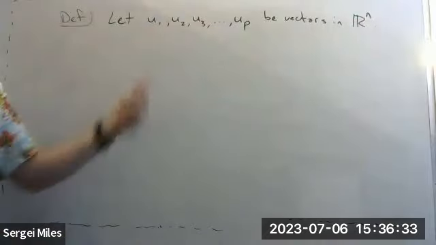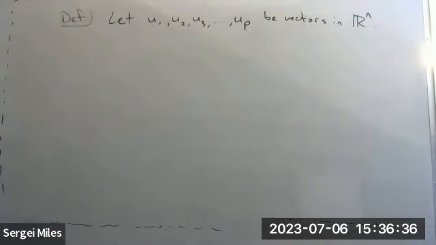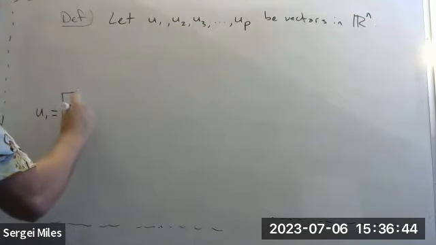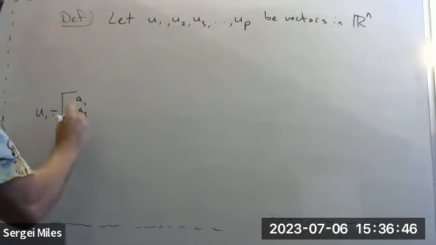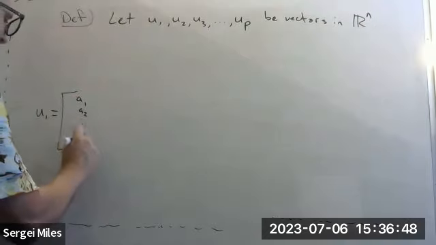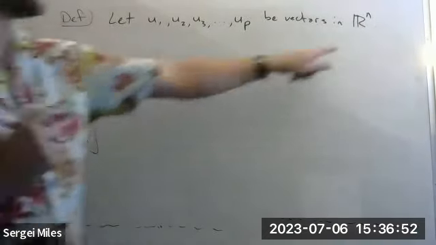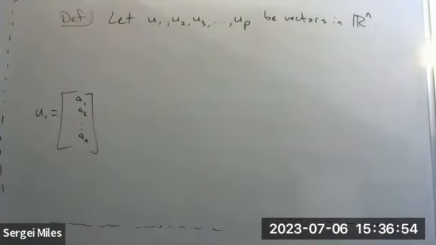So each of these vectors has n entries, right? u1 has something in the first position, something in the second position, and so on. It has n entries in its column vector because it is in Rn.